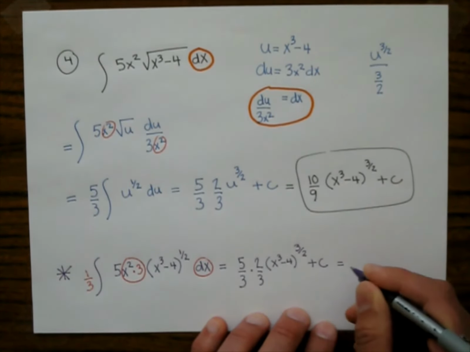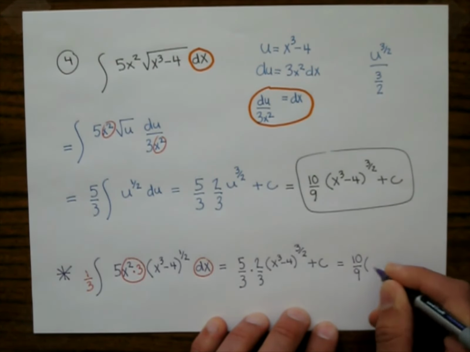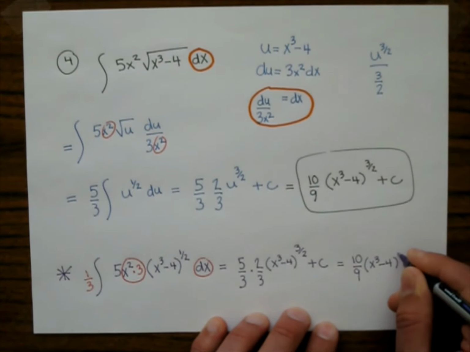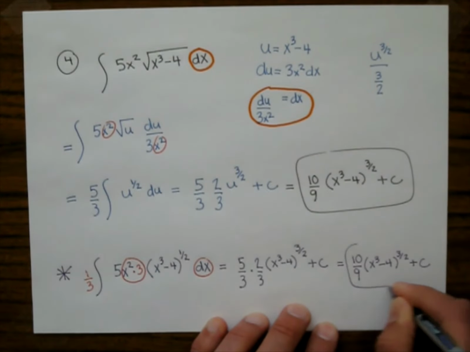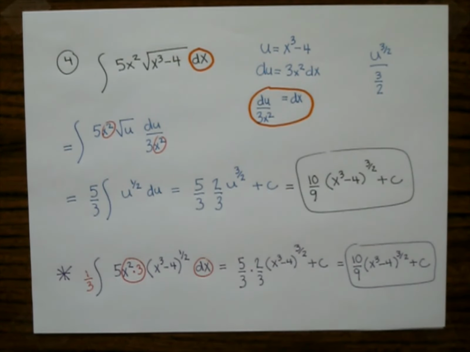And then I end up getting exactly the same answer, 10/9 (x cubed minus 4) to the 3/2 plus c. So that is the answer.